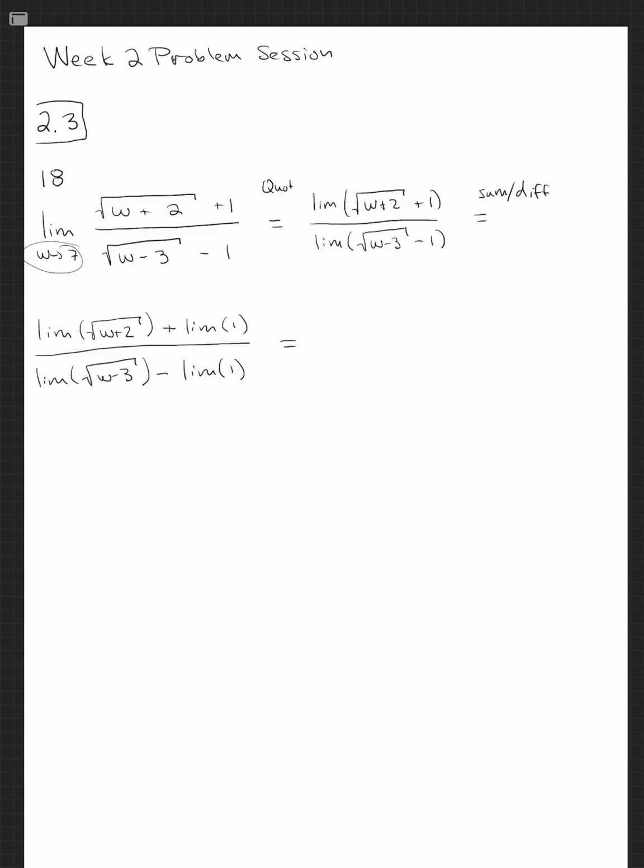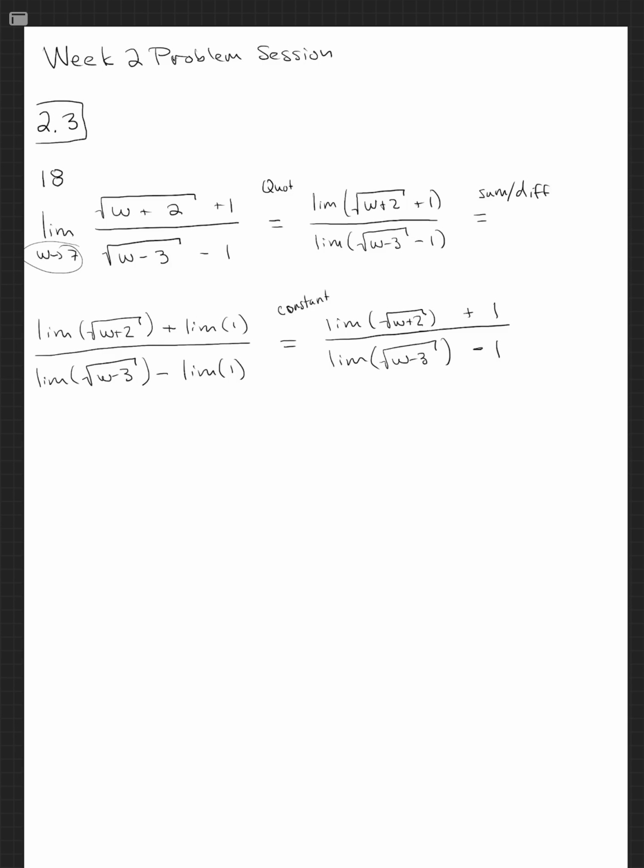And now we can use the rule that the limit of a constant is just that constant, right? So that doesn't really have a name. We'll call it the constant rule. Right, so that says we can write this as the limit of 1 is just 1, and the limit of 1 is just 1.